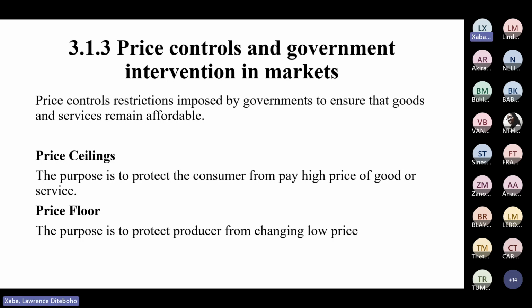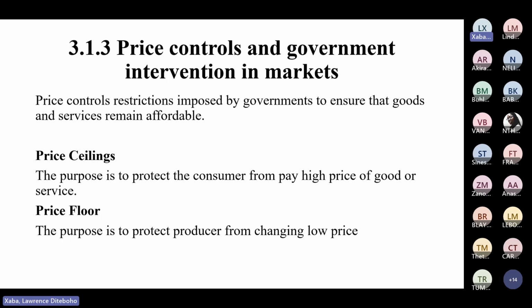Then we look at how we calculate the price ceiling, where the interest of the government is to see that consumers don't pay a high price when it comes to goods or services.